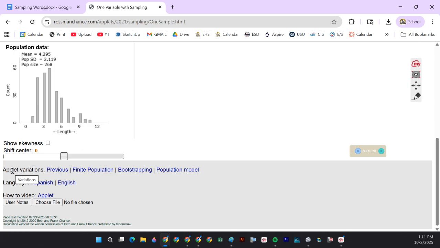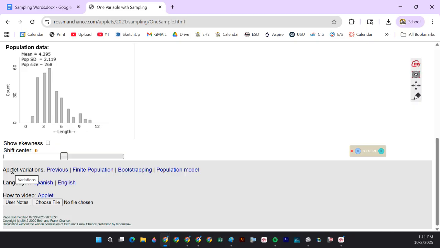How would you describe that distribution? Right skewed. It's got a long right tail. So if you take a sample, what's going to happen? So if you take a sample of 10 words, your sample of 10 words will probably be right skewed.